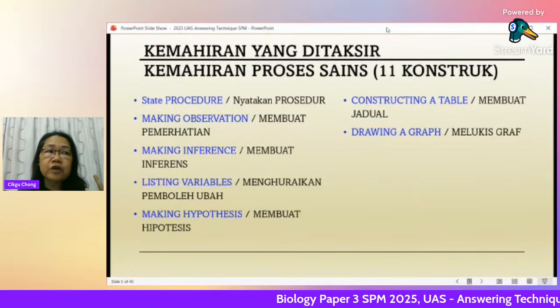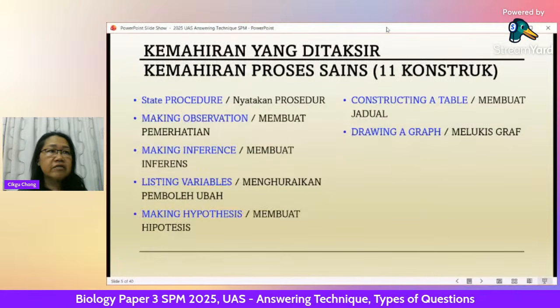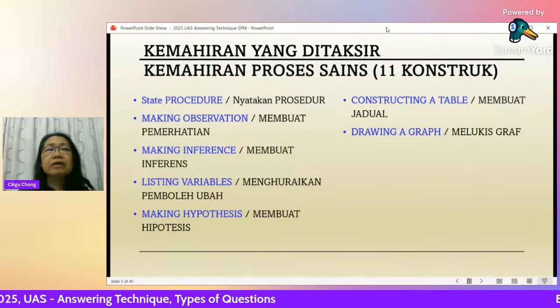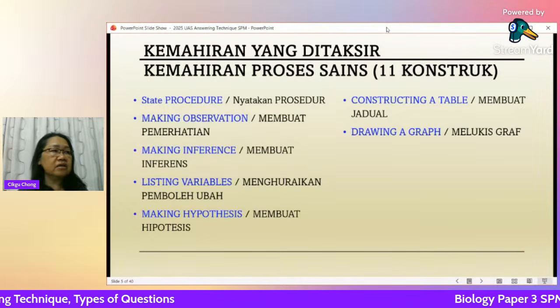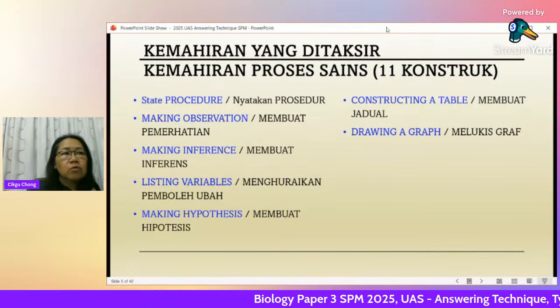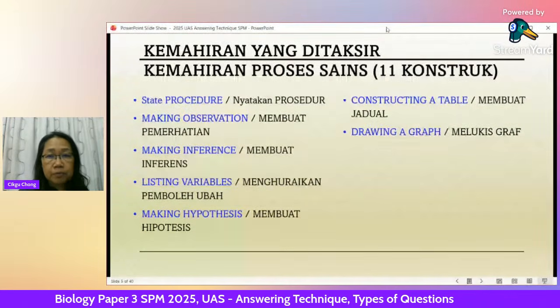If your observation has data, numbers, and there is calculation, you're supposed to find the rate of photosynthesis, for example. Then the next question is, after getting the result, they ask you to draw a graph of y against x. So what is y against x? You must know how to plot it correctly.